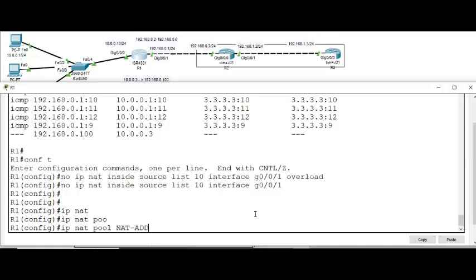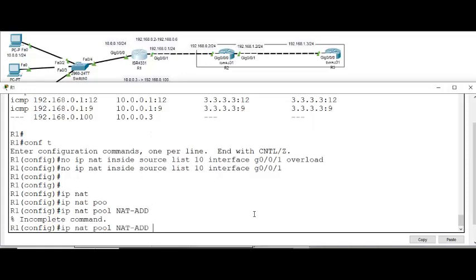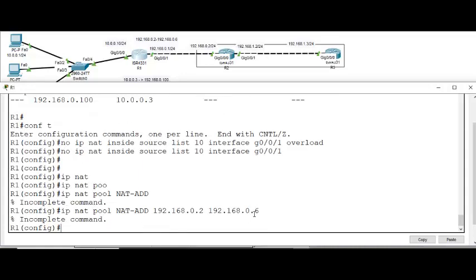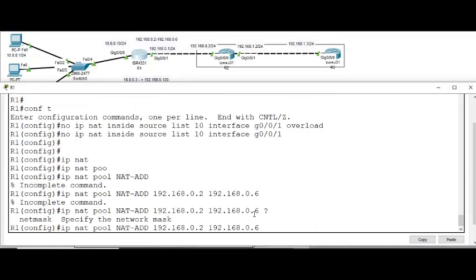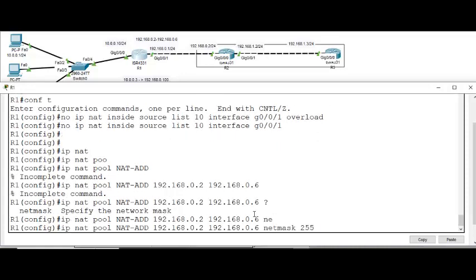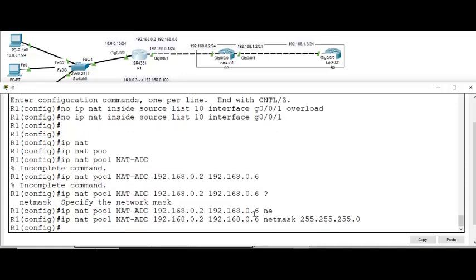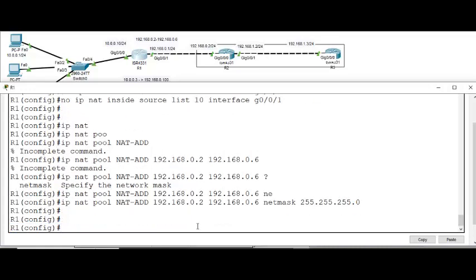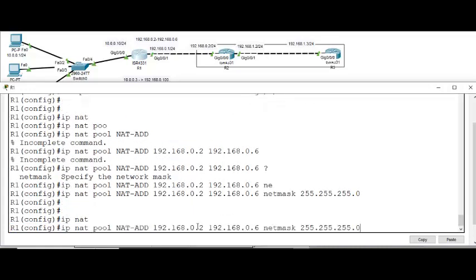Now I'm going to say IP NAT, the same command as before. But instead of interface, I'm going to use what? Pool. You understood? The name is NAT-address. Now, if I don't give overload, see what happens.